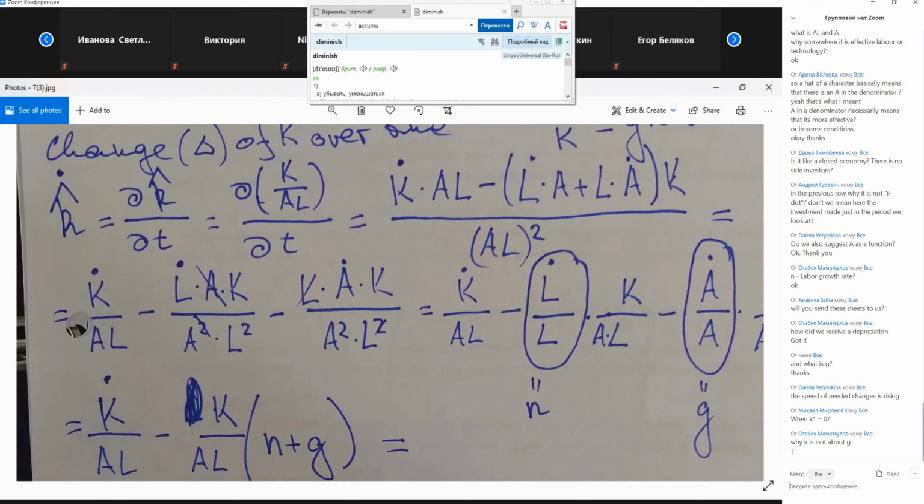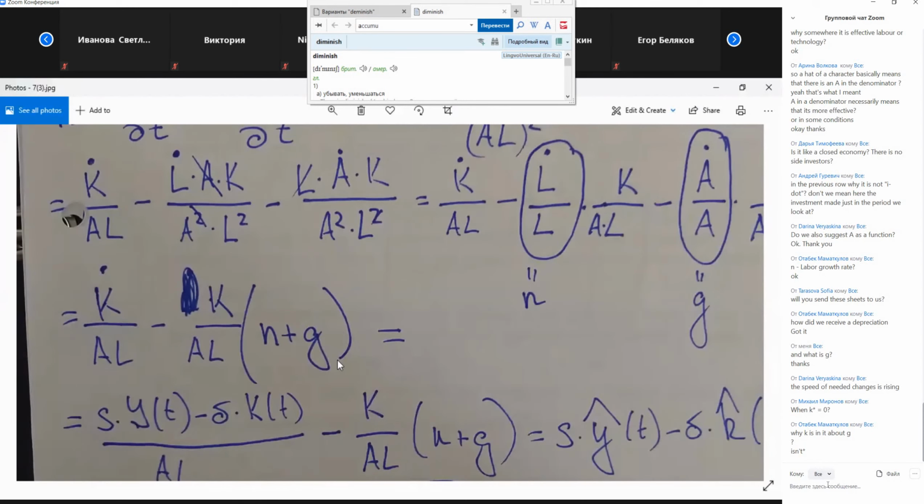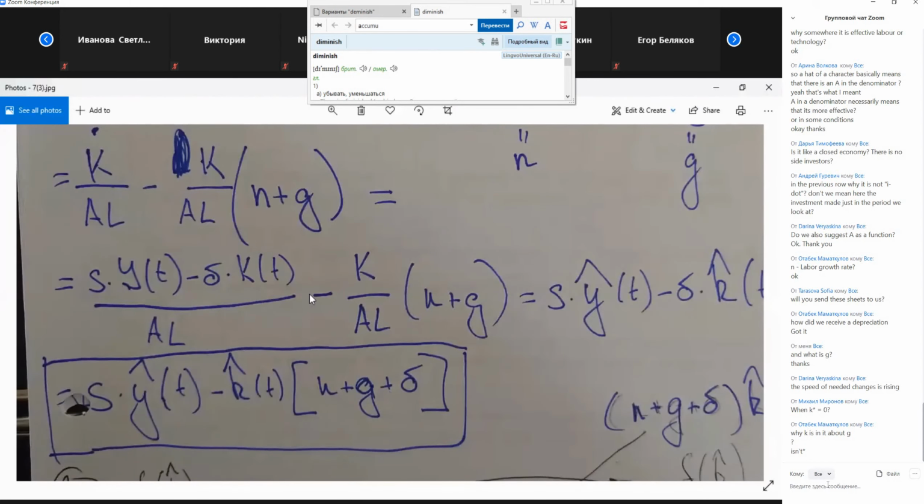Can you reformulate it, please? From g. I still don't get it. Could you please reformulate it?